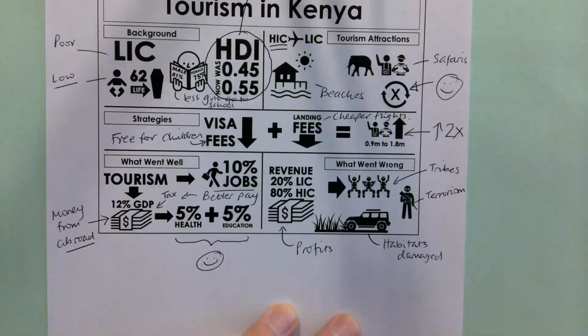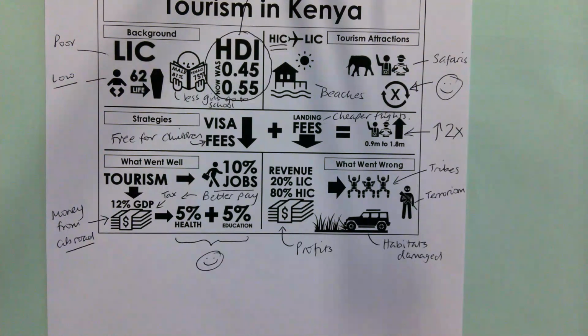Habitats get damaged, then what happens is we've got a negative environmental impact, and the things that tourists are going there to see, like the elephants, like the lions and various different animals, the habitats that they rely on are being damaged by the vehicles that tourists are using to see those animals. So it creates this kind of negative multiplier effect there.